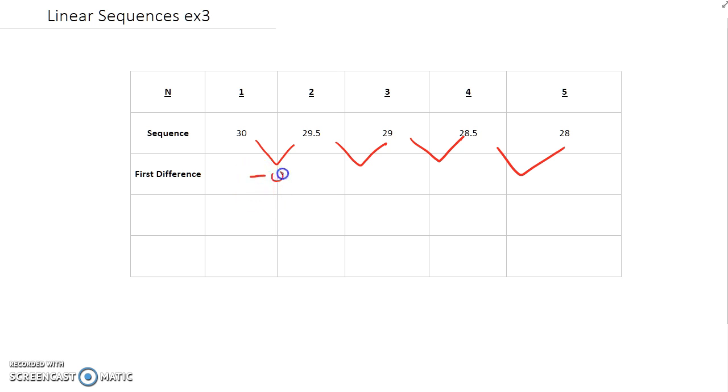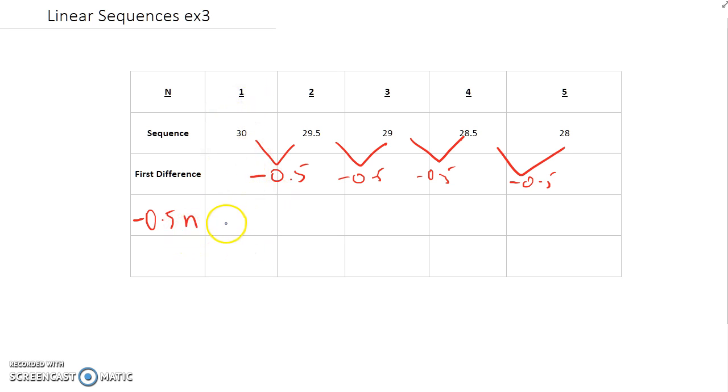We have to take away 0.5. What is the difference between 29.5 and that? We have to take away 0.5, take away 0.5, and then take away 0.5. Or in other words, the thing I'm going to put here is minus 0.5n.